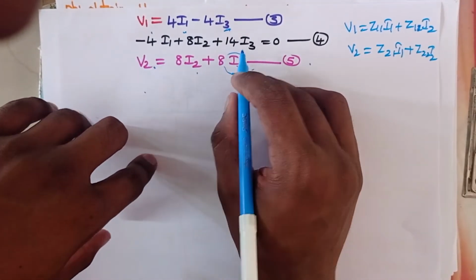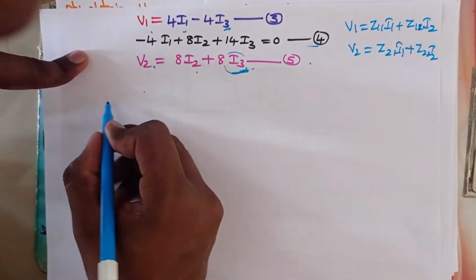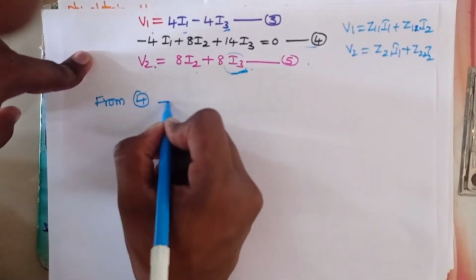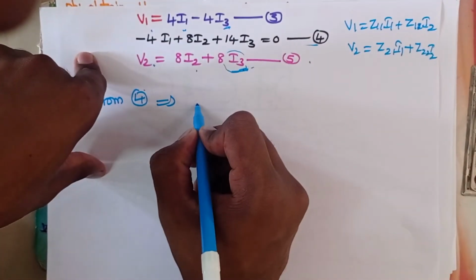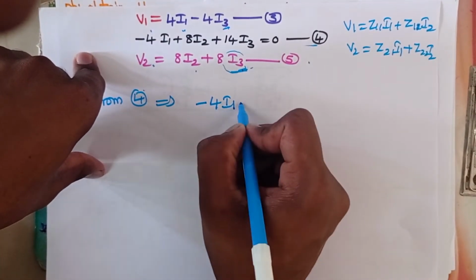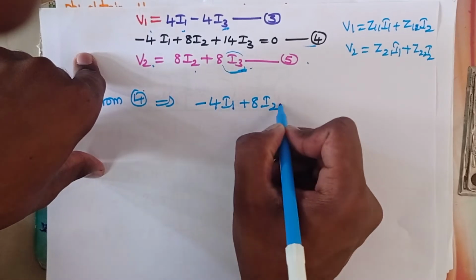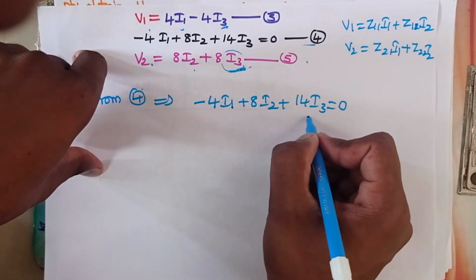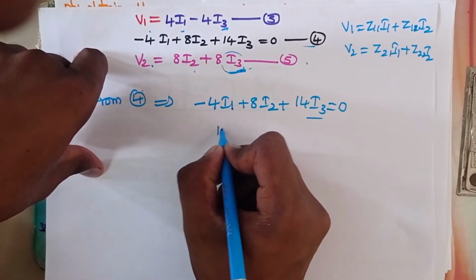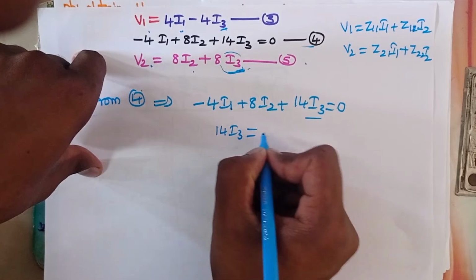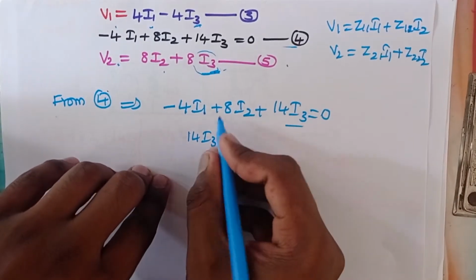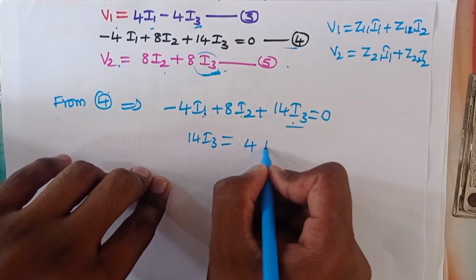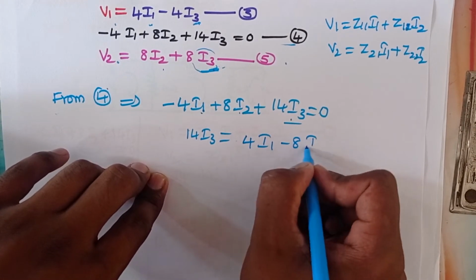How can we replace this I3? Consider the fourth equation, that is minus 4I1 plus 8I2 plus 14I3 equal to 0. Here we need to find I3, so 14I3 equal to, moving these terms to this side, 4I1 minus 8I2.